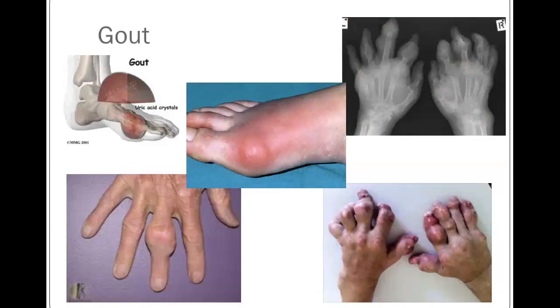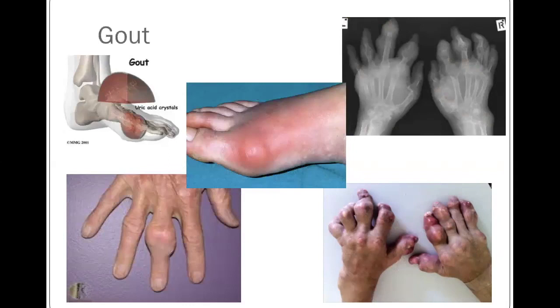And then our third type of arthritis that we have is gout. And gout is because of urate or uric acid crystals that start to form in the joint capsules. Uric acid is produced naturally within the body, but it also is produced when we are breaking down different purines. And we can find a lot of uric acid and purines in some of our meats, organ meats that we consume, as well as some seafood.